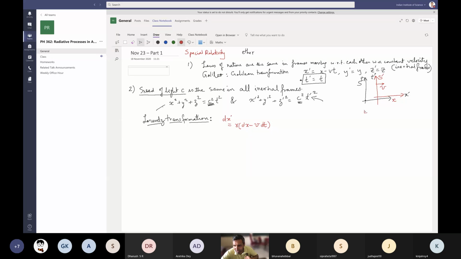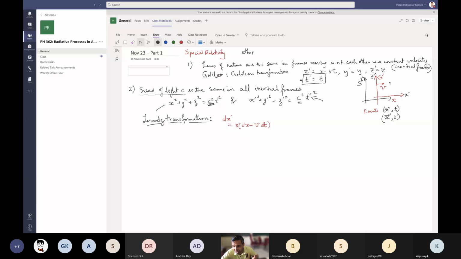There are events in relativity, and these events are denoted by x and t. It has a coordinate x and t in frame S, and it has a coordinate x prime and t prime in frame S prime.